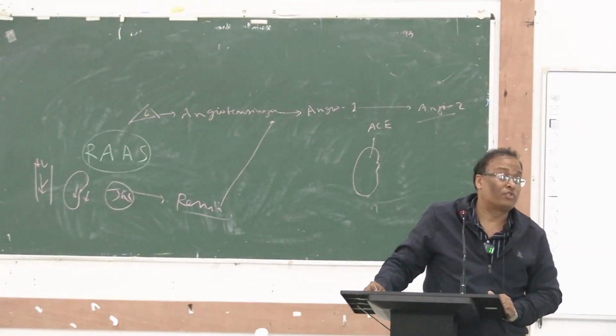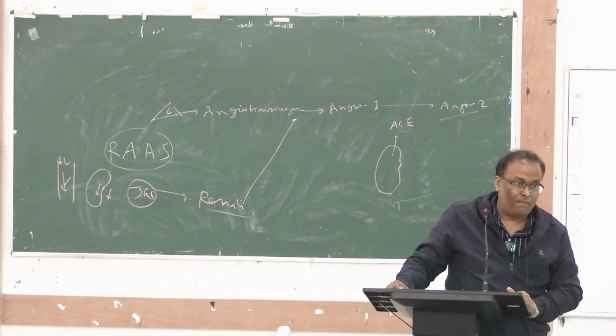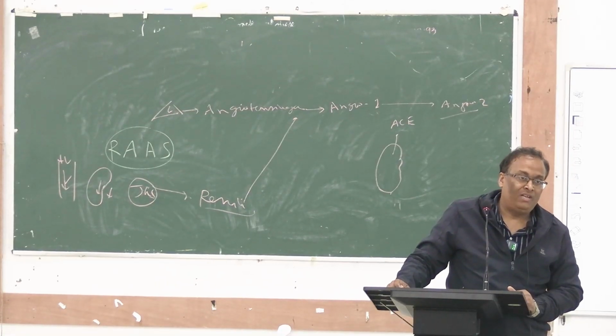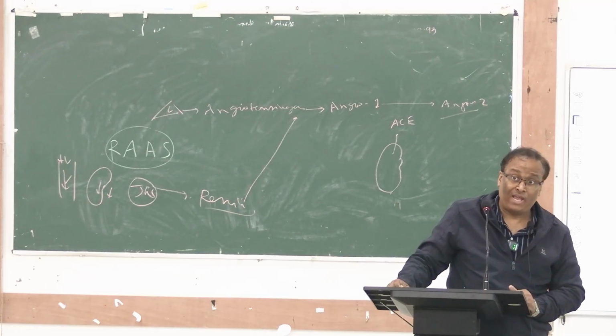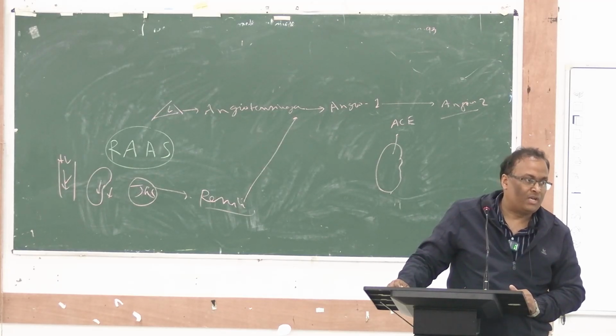That increases the force of contraction, number 1. Number 2, vasoconstriction. Number 3, it will activate the adrenal cortex to release the aldosterone. So remember, for RAS, aldosterone has a big role, and this aldosterone has a role of what? Sodium and water reabsorption in the collecting tubules and the distal tubules also.